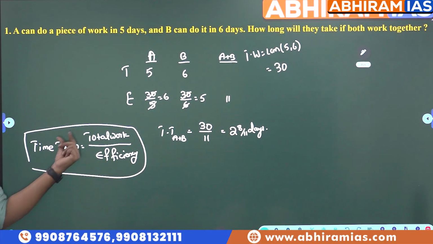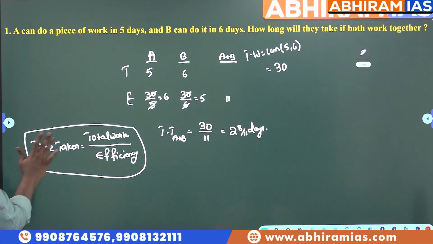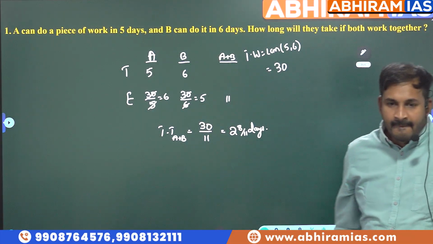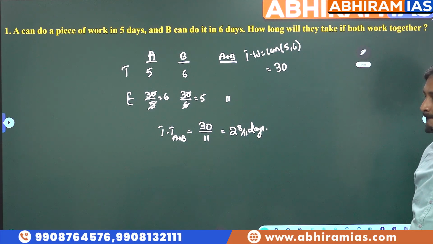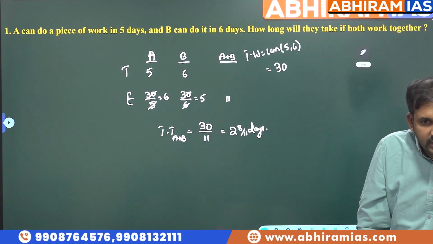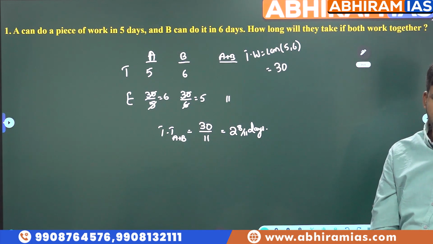If I want efficiency, I will divide total work by time. These are the things which we do here. Okay. Now, next one. I have already told you, you can assume anything as total work. There is no wrong in that, but just for calculation sake, we will take the LCMs.